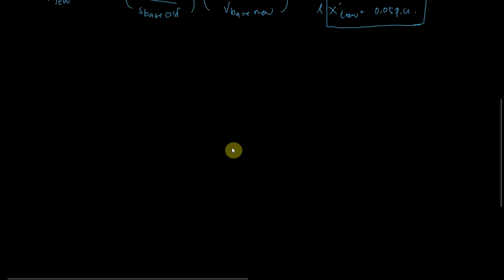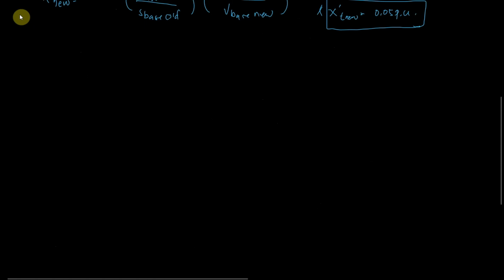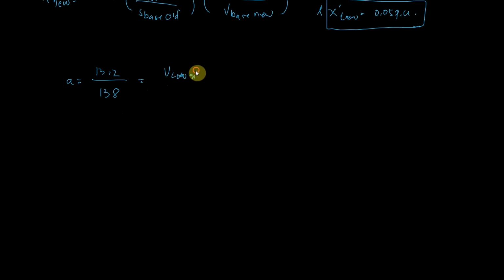So pag in-apply natin yan, yung ating low side ng transformer sa yung original rating is 13.2 and then yung high side is 138. So ito yung ating transformer ratio, which is yung A, di ba? VP primary over VS. So equal yan sa voltage sa low side divided by yung adjusted na voltage sa high side, which is 132 kV.